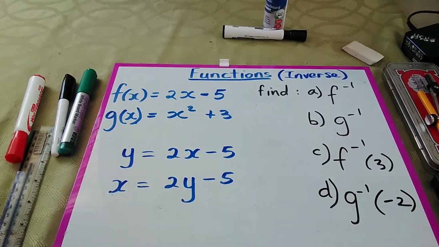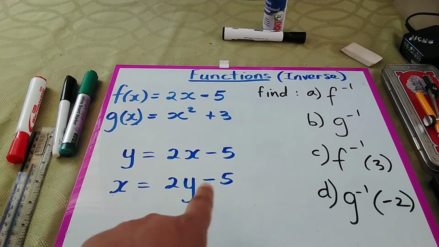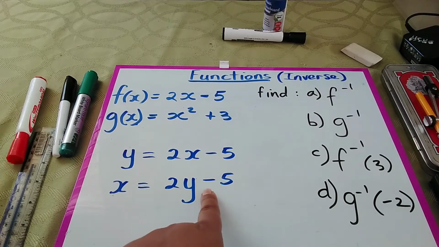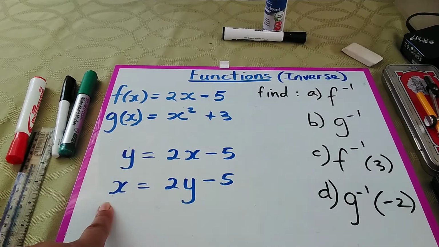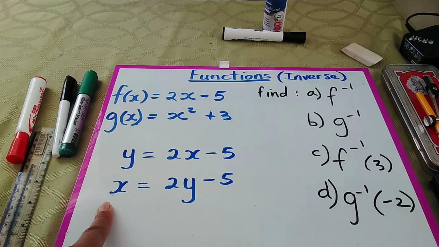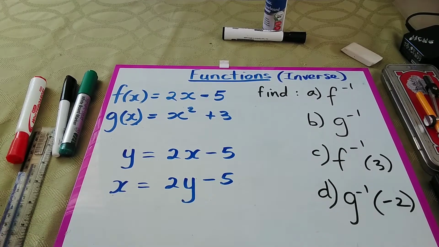And then the third step, all we simply do is to solve for y. If we're going to solve for y, make y the subject of the formula, we want to have y alone on the right-hand side. So first, we're going to get rid of the minus 5. Once we carry it over the equal sign, it's going to be the opposite operation. So the opposite of subtraction is addition.